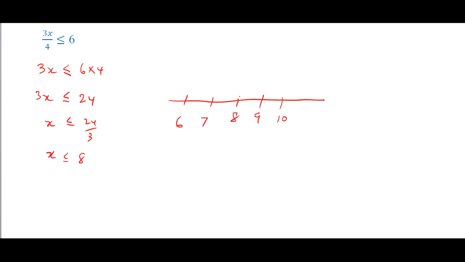So we draw a circle to represent the 8, and it's less than or equal to, so we have to shade it. And we are looking at less than, so we have to put the arrow facing to the left, right?